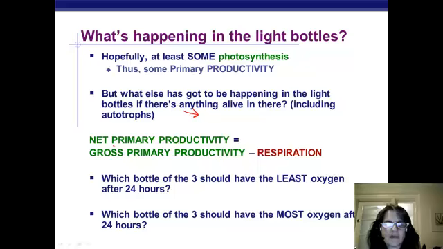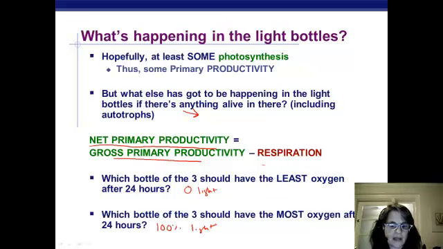So at any rate, we've got our net primary productivity is going to equal the gross minus the respiration. So which bottle of the 3 should have the least oxygen after 24 hours? Well, of course, the 0 light should have the least. Which bottle of the 3 should have the most oxygen? Of course, the one that had 100% light.